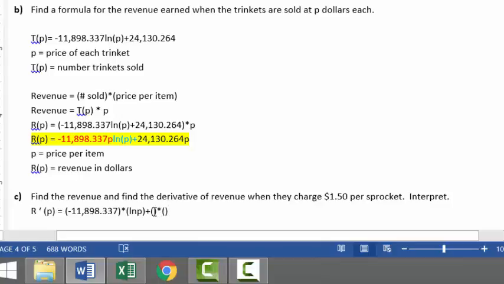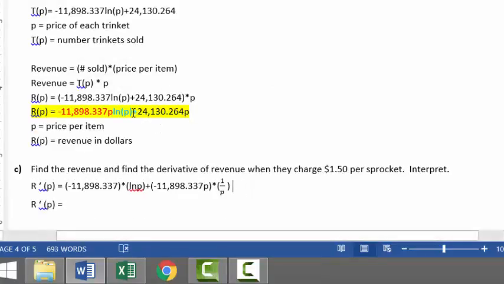F is the original red function, negative 11,898.337 p. And now I have to multiply that times g prime, the derivative of the blue function. So the derivative of ln of p is 1 over p. That's the derivative of the first term, this red and blue term over here.